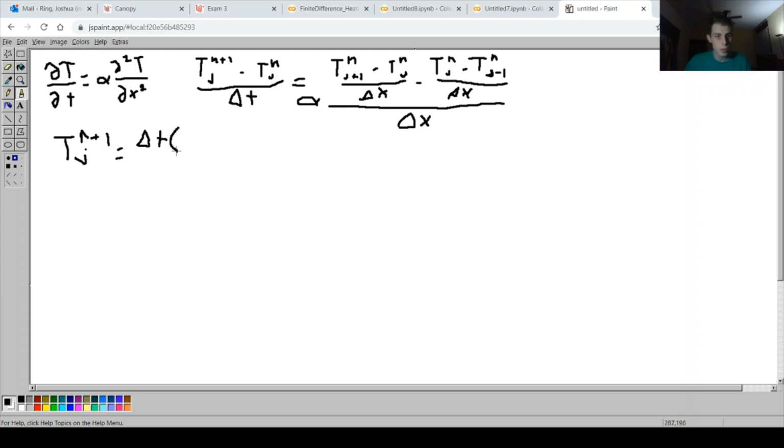And that's going to be multiplied by our T at time n at j plus 1, and then this is going to be subtracted from 2 T j n because you can see we have 2 of them right here, both negatives. So we have our 2 T at time n, point j, and then finally this is going to be subtracted from our T n of j minus 1.